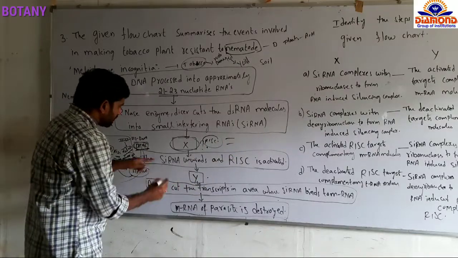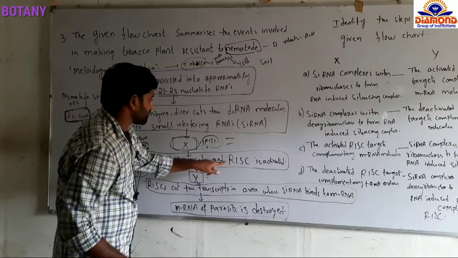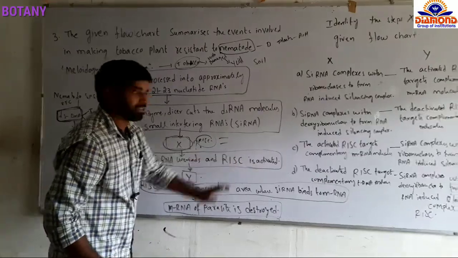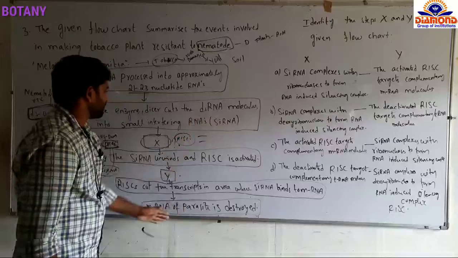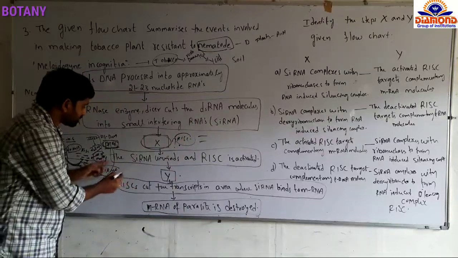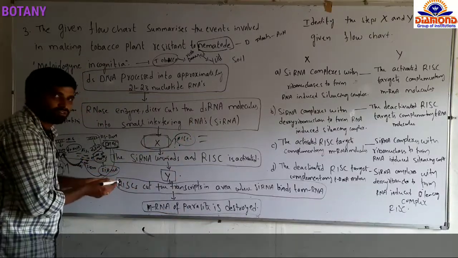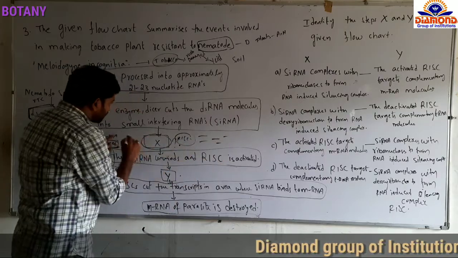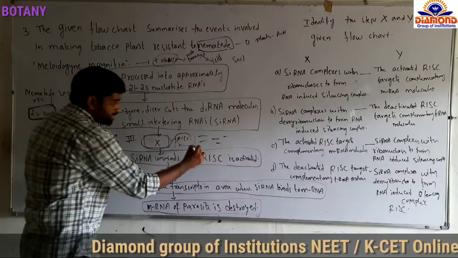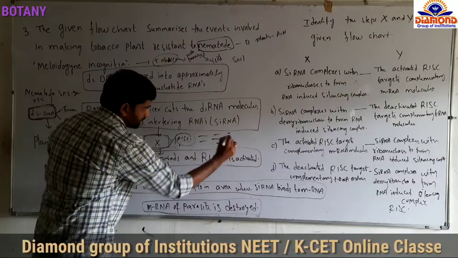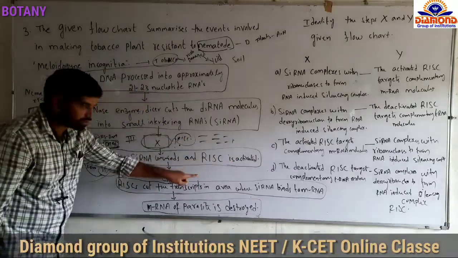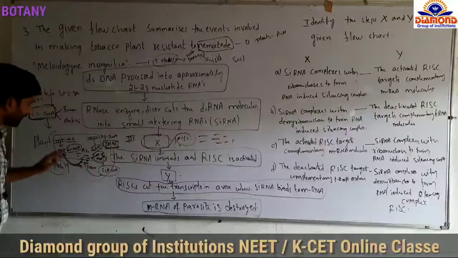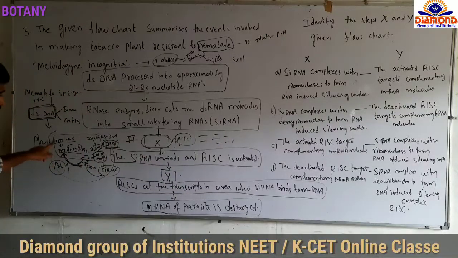So the siRNA unwinds and the RISC is activated. Whenever the RISC enzyme is activated, that small interfering RNA is converted into small single-stranded RNA molecules. Previously it was double-stranded RNA, but it is converted into single-stranded RNA molecules. When the single-stranded RNA molecules are formed, they can bind directly to the mRNA of the nematode gene.